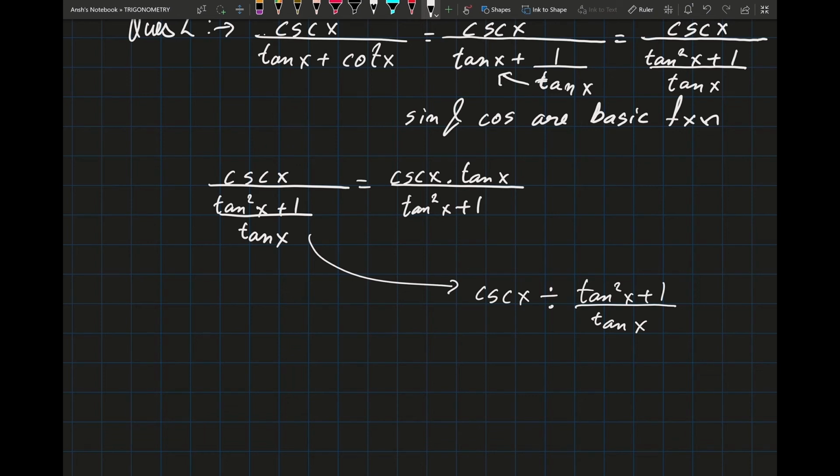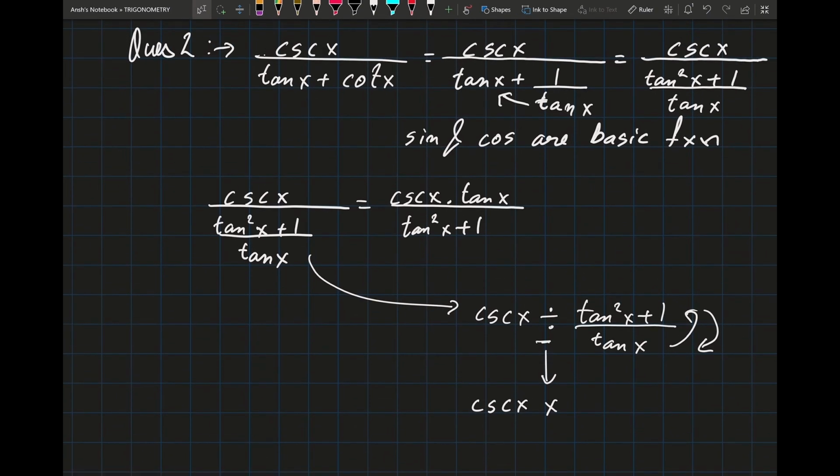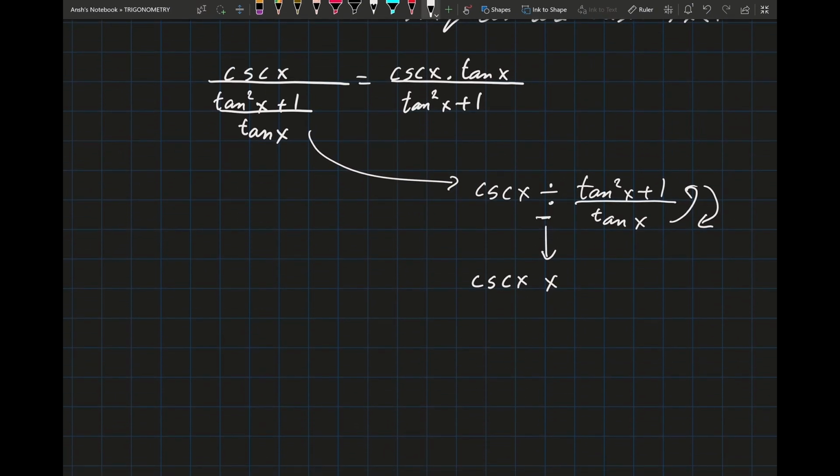And if I change the division sign into multiplication, this term would flip. So tangent would go on the top and the top portion would come in the bottom, like the numerator and denominator would exchange places. So I would have cosec x times tangent x over tangent square x plus 1.